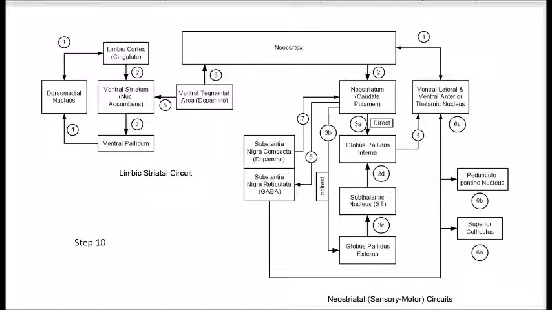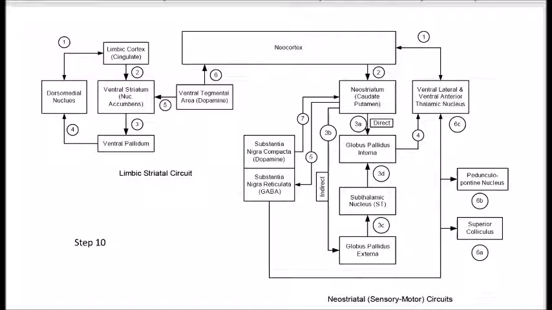Now, step 10 in the book is a little more complex. It takes us through the purpose of the basal ganglia, as it were. You probably learned from neuroanatomy that the basal ganglia are important in initiating movement. Well, how exactly does this come about?